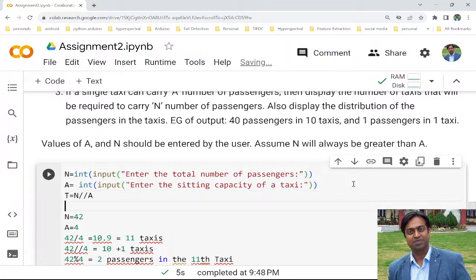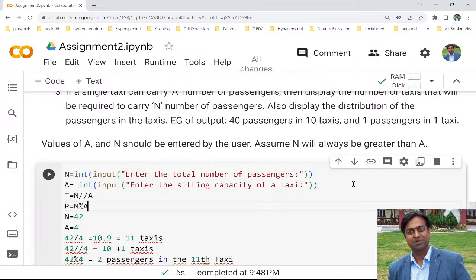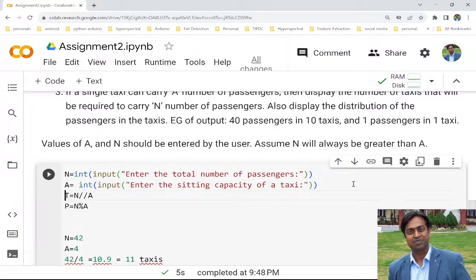And then for how many passengers are remaining, let it be P equals N modulus A. So T is going to give me the total taxis full of passengers, and this will give me the last taxi which has fewer passengers. Less means it has only P passengers, right?